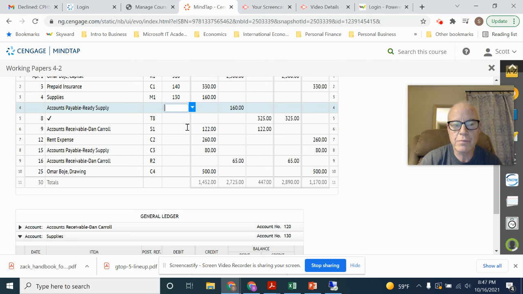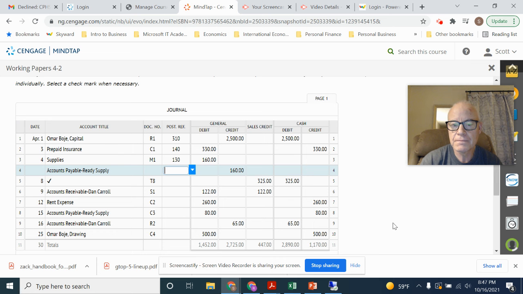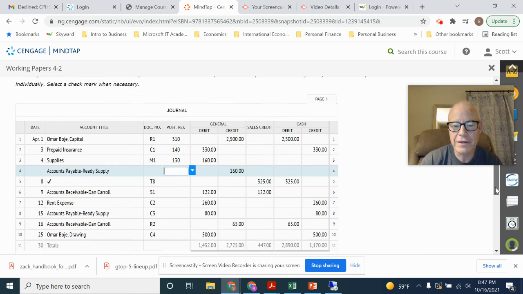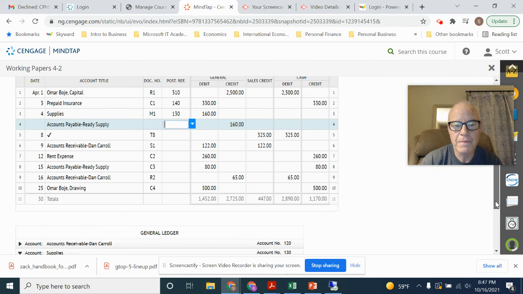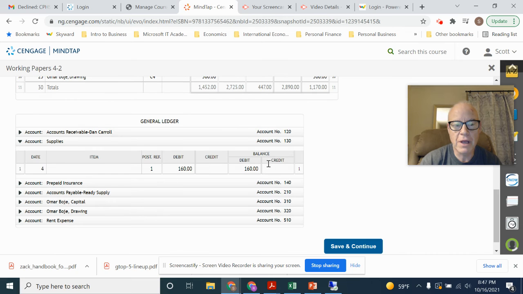Next, we have accounts payable, Reedy Supply, 160. Now, that's the second part of that entry. Sorry, we had two general columns, debit and credit. I did remind myself what's going on there. Accounts payable, Reedy Supply.